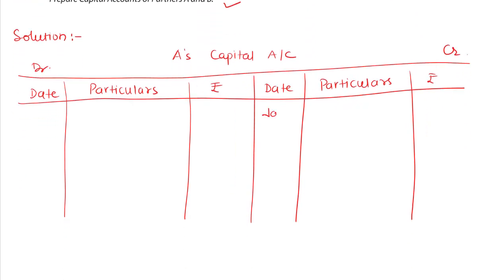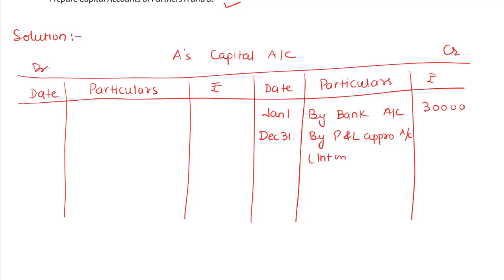We begin with the capital introduced on 1st January by bank, 30,000. Now December 31st, by profit and loss appropriation account, interest on capital allowed 1,800.